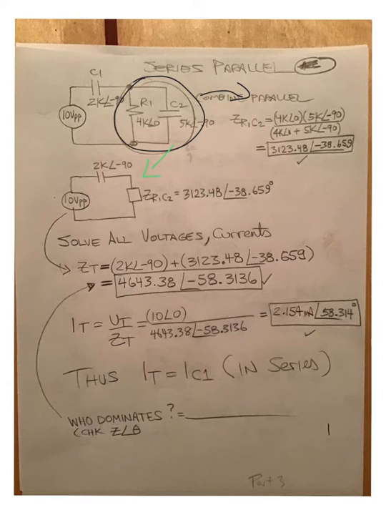So we're going to start by combining all the impedances here to get a ZT down here. And it's done in series, and the phasor values for the capacitor, C1, and for the RC circuit in parallel in here are shown. It's just a simple series circuit.